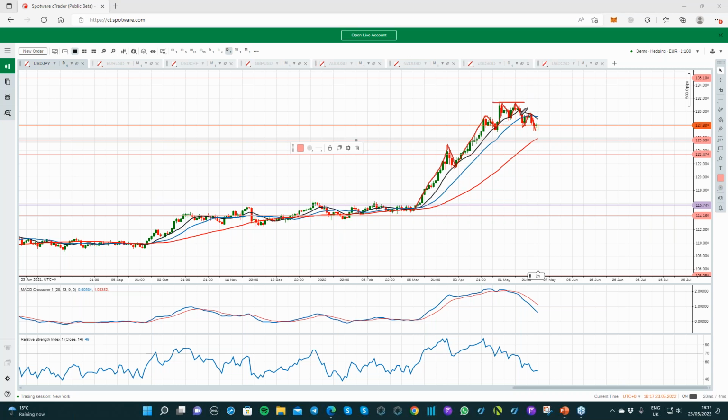So this to me looks like the start of a potential trend change on the daily time frame. In addition to that, I've got bearish RSI, I've got bearish MACD. So it suggests that the strength of the uptrend is failing at the moment.